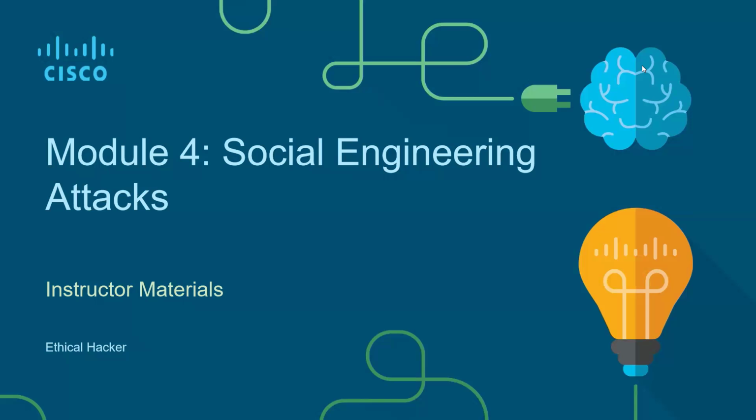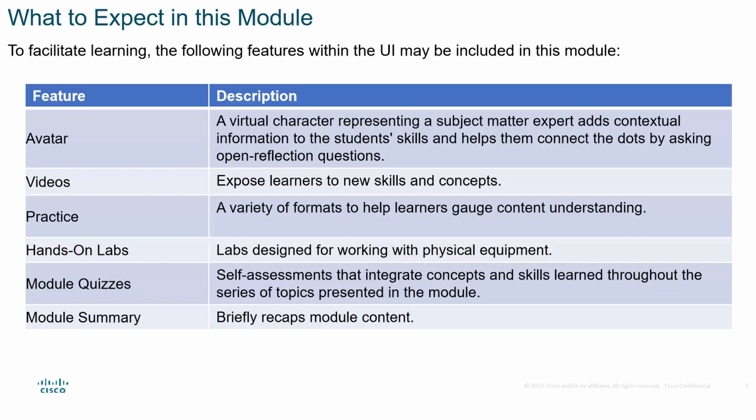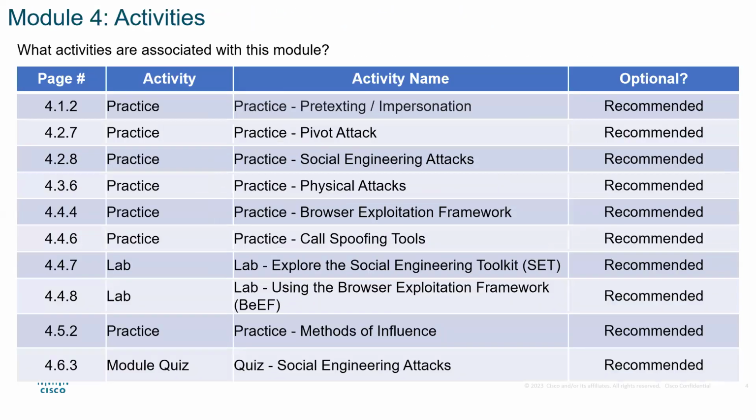And for this module, we want to look at social engineering attacks, all of the different types of attacks that we can have when we do social engineering. Of course, this is still at the very footprinting stage, the stage of gathering information, collecting information.